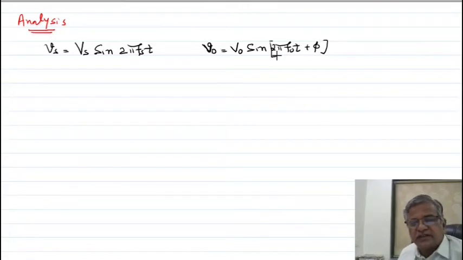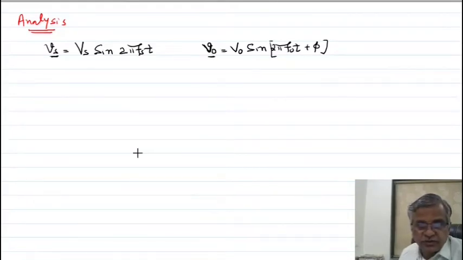A phase detector is basically a multiplier which multiplies two signals. One is the input signal, second is the signal coming from the VCO. As a result, the output of the phase detector is proportional to the multiplication of these two.